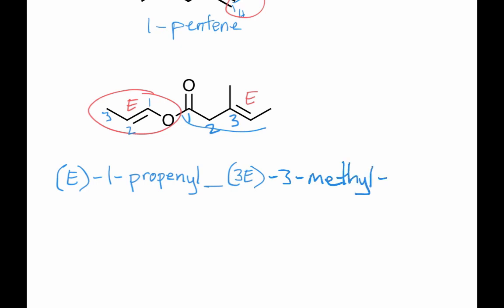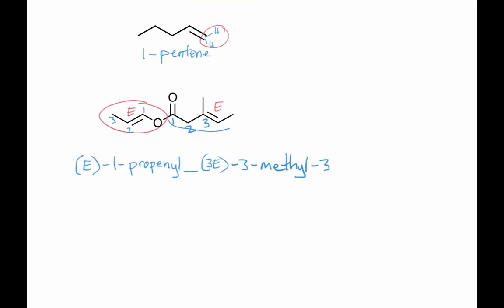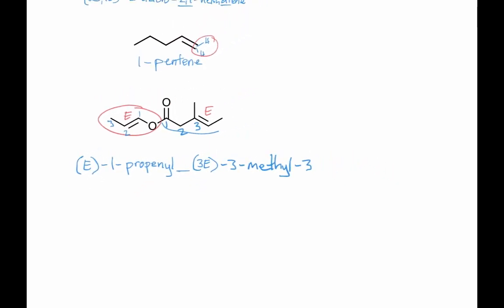And at the 3rd carbon, I also have that double bond, so I need to put that in the parent chain name. So that'll be 3-pentene. And then I have the -oate ending for the ester functional group. And of course, I could slip in a 1 there if I wanted to, but with esters, the carbon that starts the ester has no choice but to be on carbon number 1.